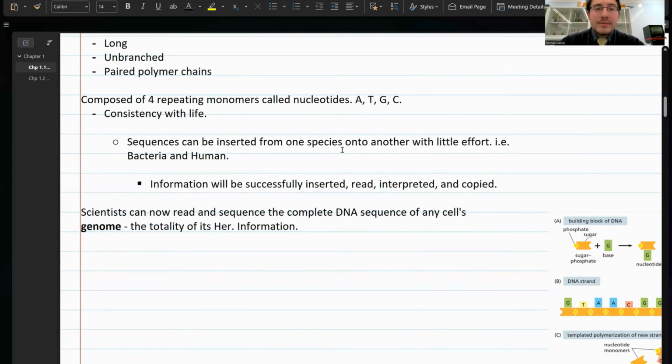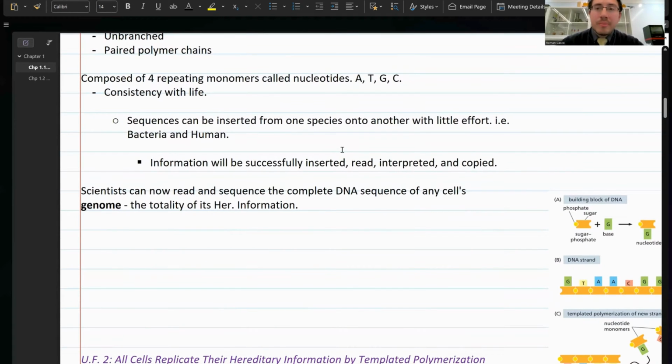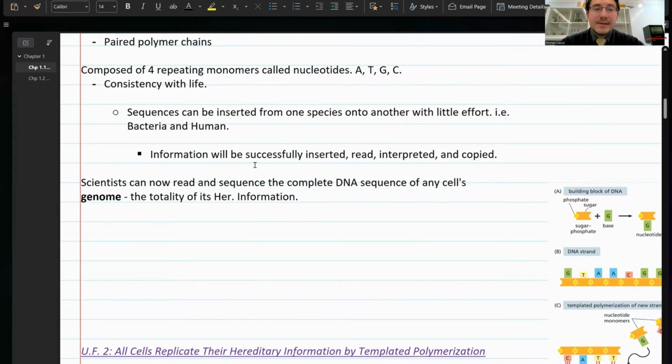And these monomers repeat in different sequences and different combinations, but ultimately DNA is composed of just these four molecules, right? And you see that in all forms of life, in every organism. So there's a consistency in life and this ability to store information. What is very interesting is that there's such a consistency in life that sequences can be inserted from one species into another species.